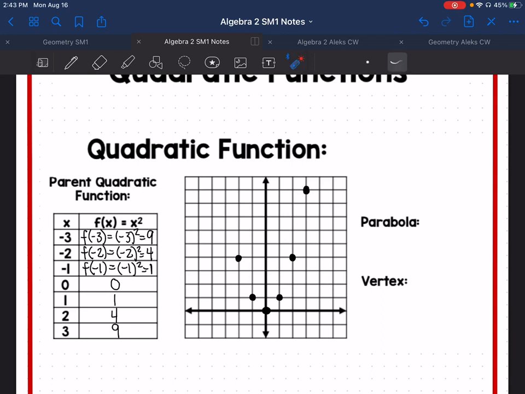Now, what I can do is once I have 1, 2, 3, and 9 placed, I can go 1, 2, 3 to the other side, and there's my -3, positive 9, because they're both 3 away from the y-axis. This is that axis of symmetry that we were talking about. And I'm going to do the best I can to come in here and shape it like the letter U. There we go.